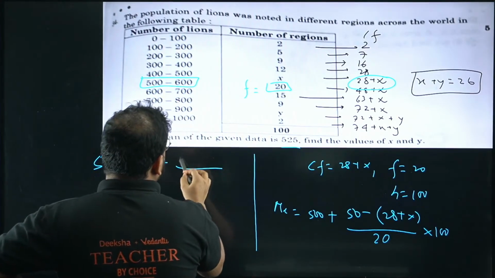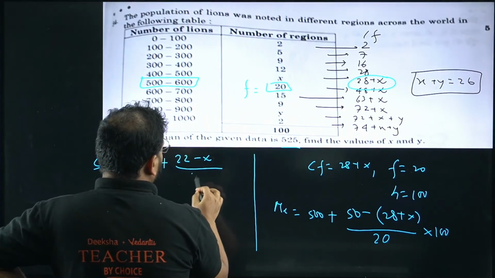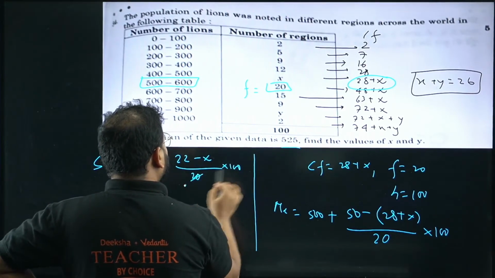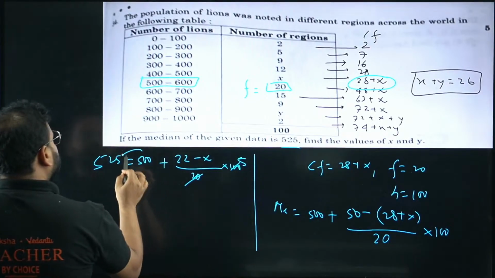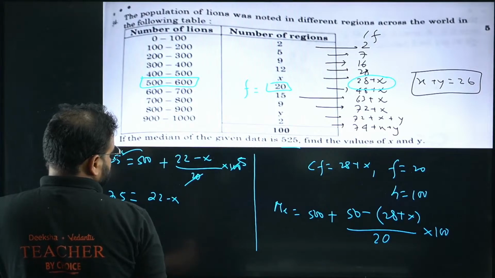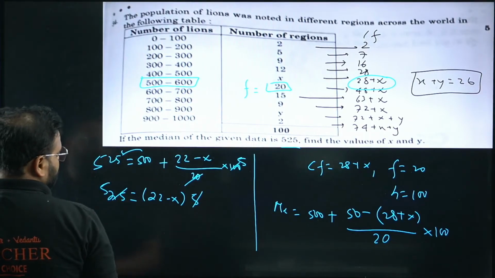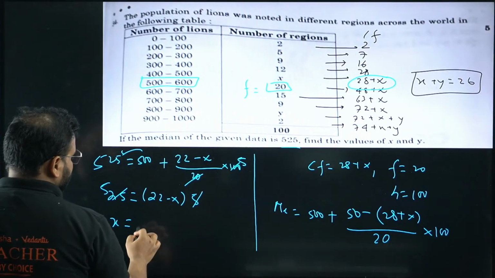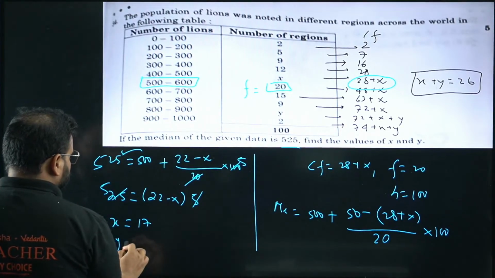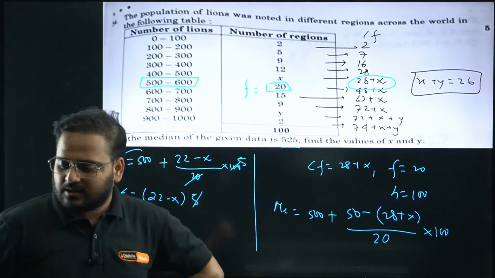It will become 22 minus x upon 20 into 100, giving me this value as 5. Move this side, it will become 25 equals 22 minus x times 5. Cancel this, 5 fives are 25. I'm going to end up with x equals 17 and y equals 9.